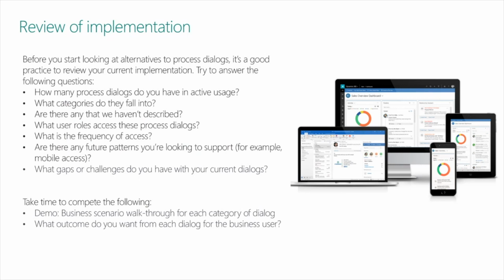Try to categorize these dialogues. What are these dialogues used for? Are they used, for example, for approval, or for automating sub-processes that you want to include as part of your main process? Are you looking at creating a few related records or activities out of these dialogues?